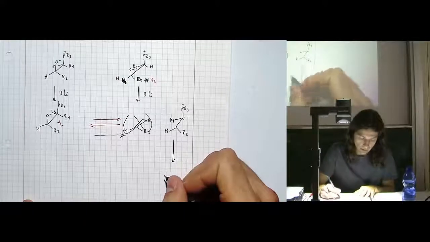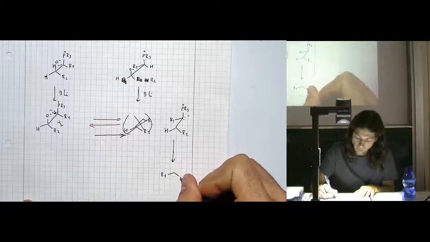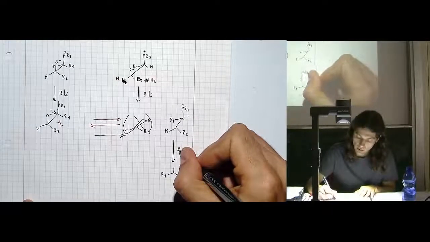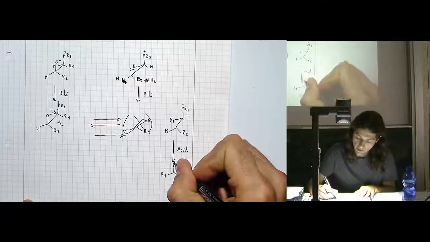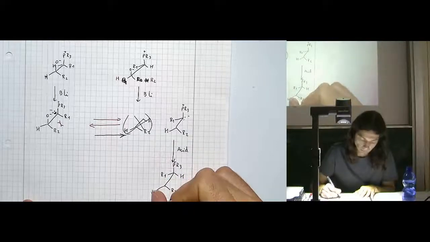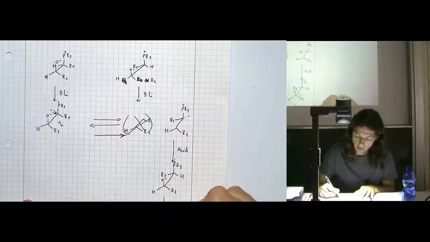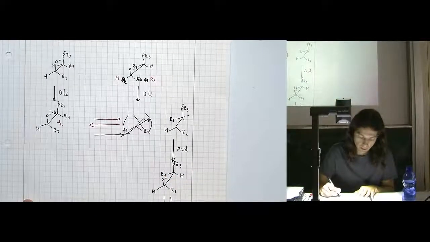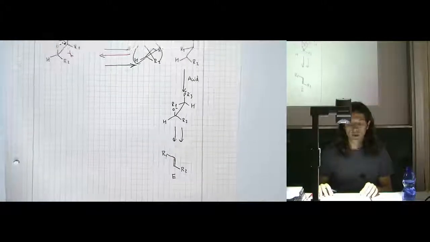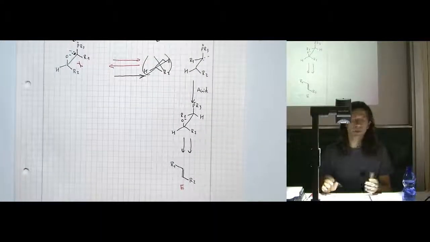So first of all, the proton comes here, reacts of course with the acid, and finally, okay, this is, as you can see, quite similar to the Wittig reaction, it's just a modification.